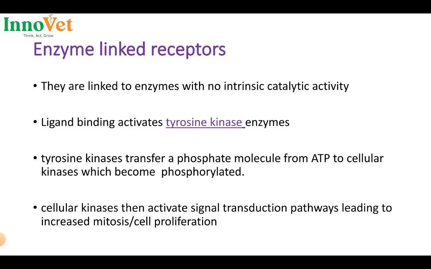So the activated tyrosine kinase transfers a phosphate molecule from ATP to cellular kinases, which then will become phosphorylated because they are receiving a phosphate molecule from ATP being transferred by tyrosine kinases.